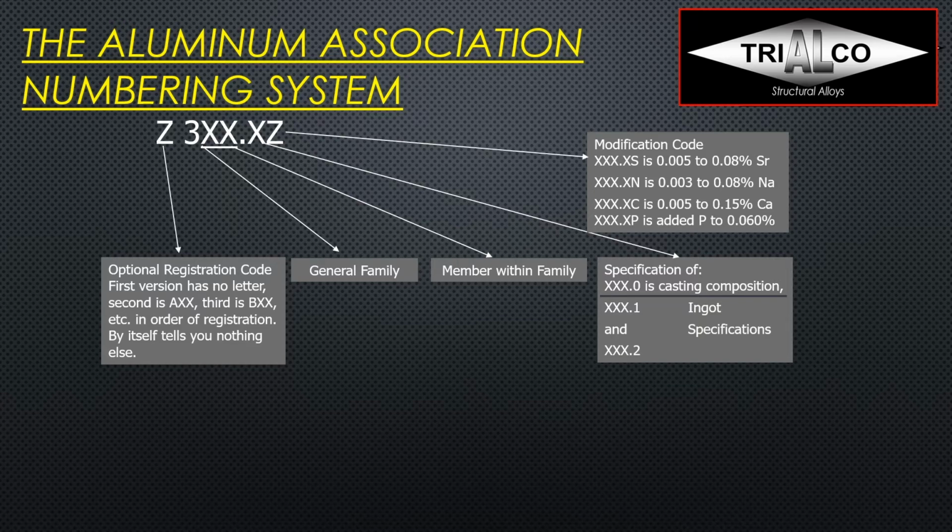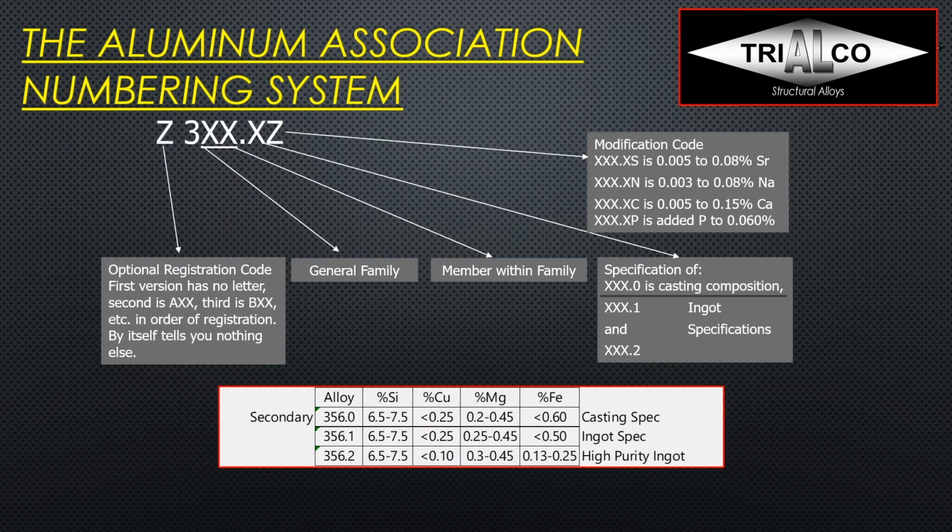And then we will sometimes find a letter behind these numbers with a dot 0 or 1 or 2. And those letters mean, okay, so if I have an S behind it, then it's strontium modified. If it's N, then it's sodium modified, C with calcium, and P with phosphorus.